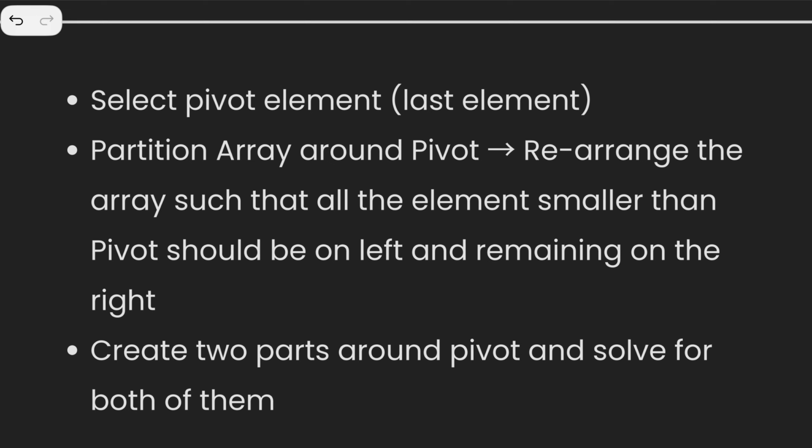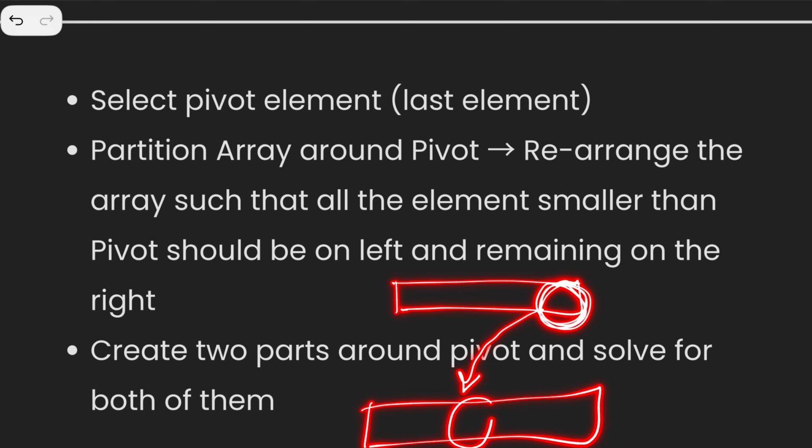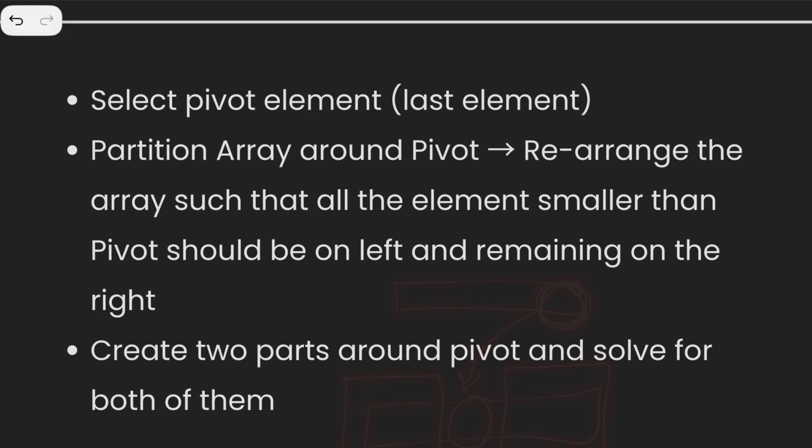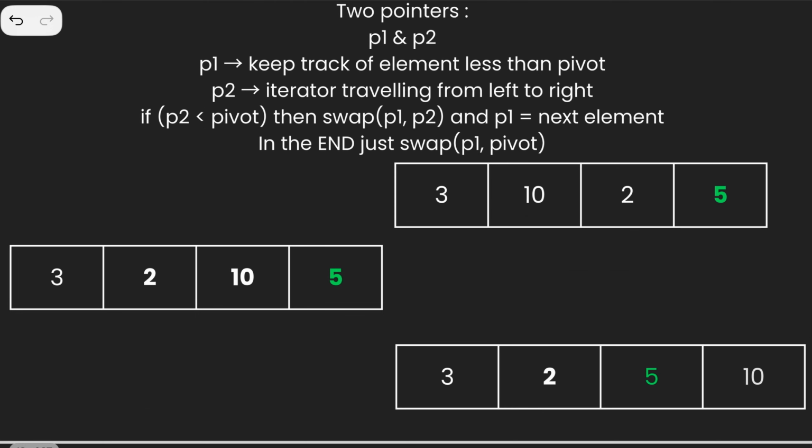So we are going to rearrange the array in such a way that our selected element will be at the correct position. Let's say this is our selected element, right? We are going to place it into the array in such a way that all the elements to the left of it are going to be less than it, and all the elements to the right of it will be greater than it.